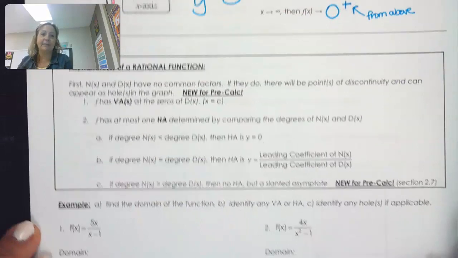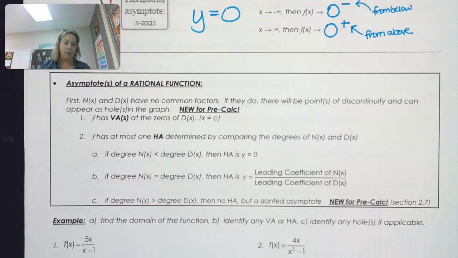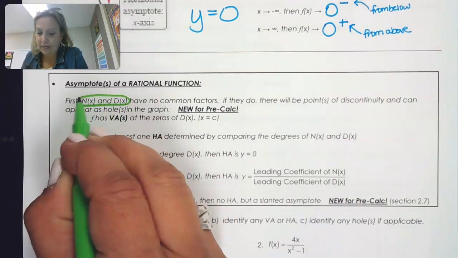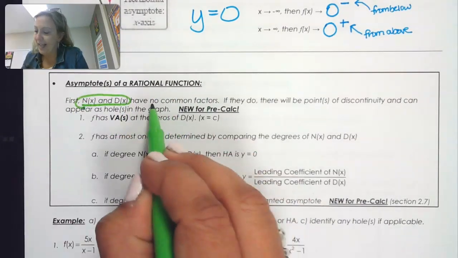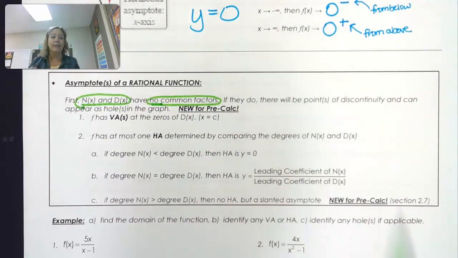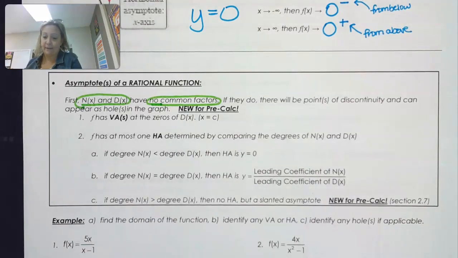Let's look at asymptotes of rational functions in general. One thing that is super important that we need to look at is whether the numerator and denominator have no common factors. That means we need to factor and see if there's anything in common in our numerator and denominator.